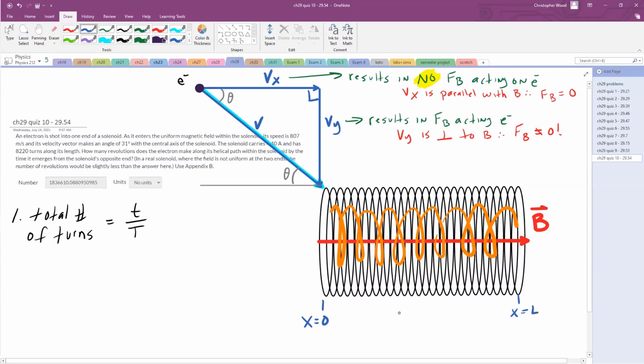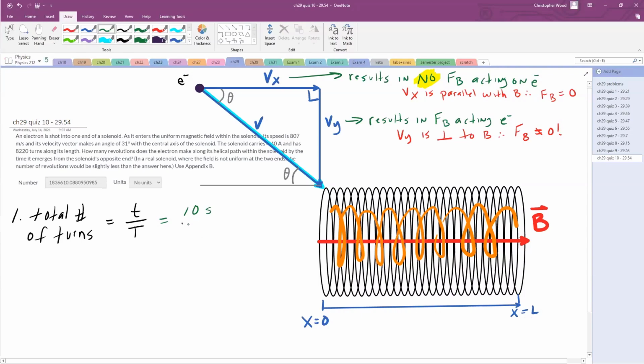In the amount of time it takes to go from the beginning of the solenoid to the end, I'm going to complete some number of revolutions. For example, let's say it takes the electron 10 seconds to go from x equals 0 to x equals L.